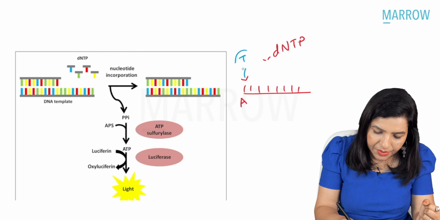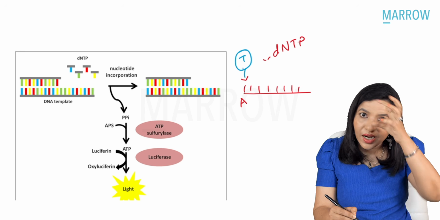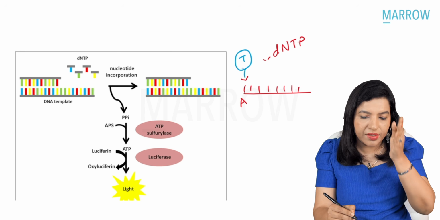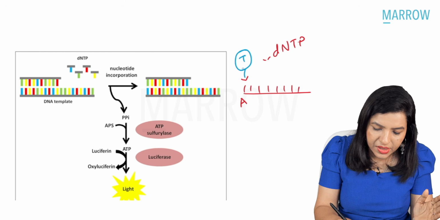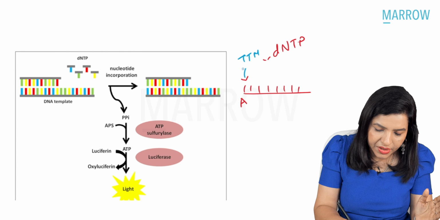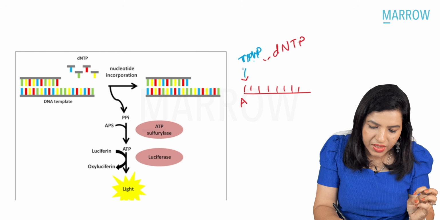But at the same time, what is attached is a nucleotide triphosphate, but 2 phosphates are released. That is, it is attached as dTMP, or simply TMP, thymidine monophosphate only, which means the 2 phosphates are released.